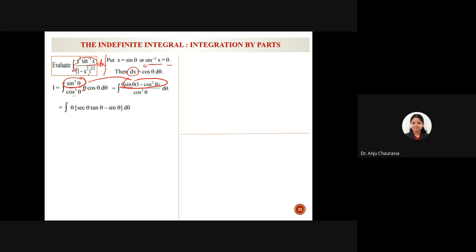Now how can we convert this expression into this? Students, try to do it here: theta sine theta you got here, and after that theta sine theta, now you take theta common.